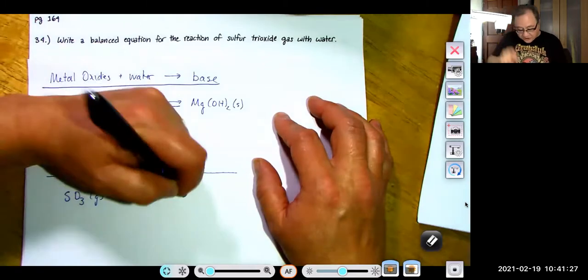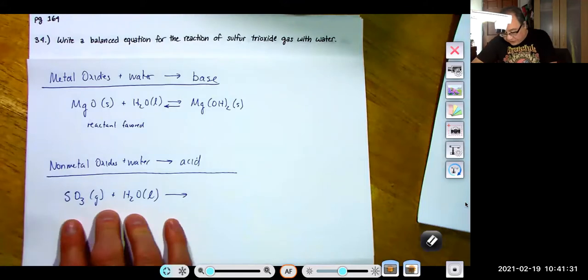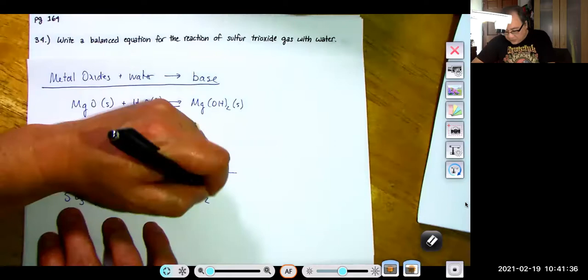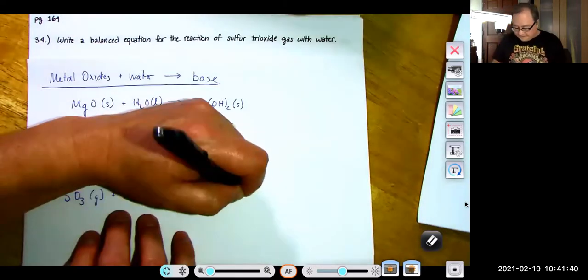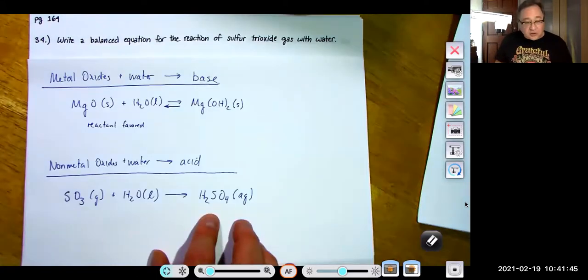And basically you just combine all of this stuff to get your acid. So 2 hydrogens, 1 sulfur, 4 oxygens. This is going to be an aqueous acid. This is soluble, and this is sulfuric acid.